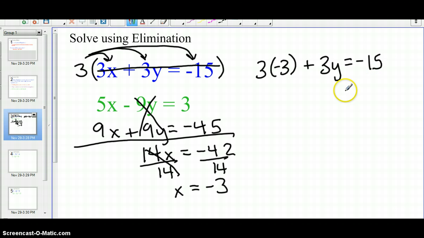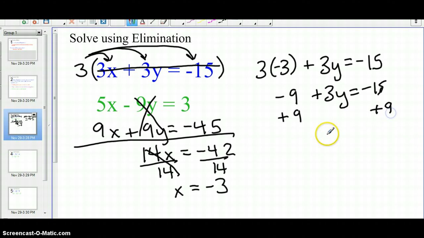At this point, it's a multi-step equation. I'll multiply, so negative 9. Now I have to take the right steps to get y all by itself. So I'd add 9 to both sides, and then divide by 3.